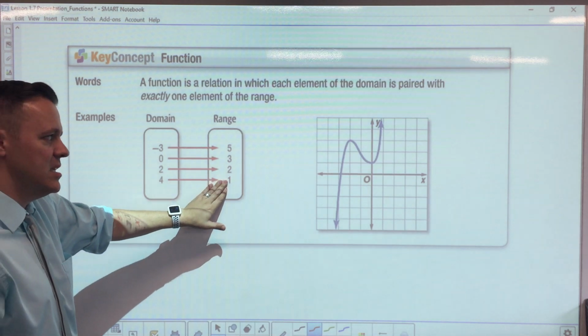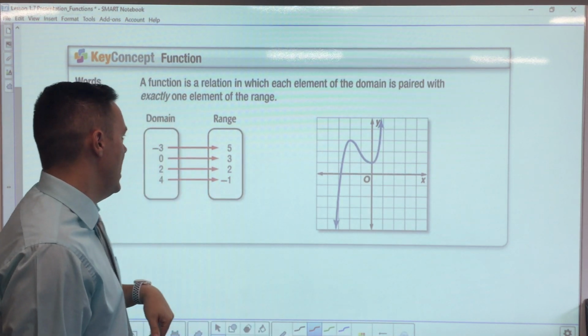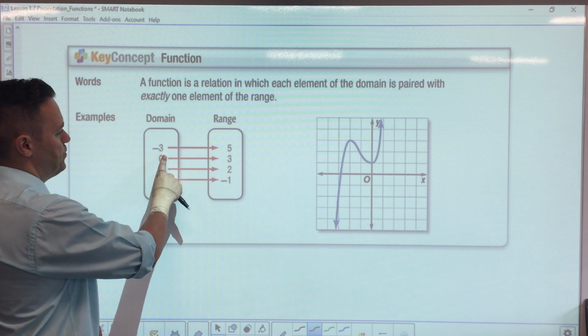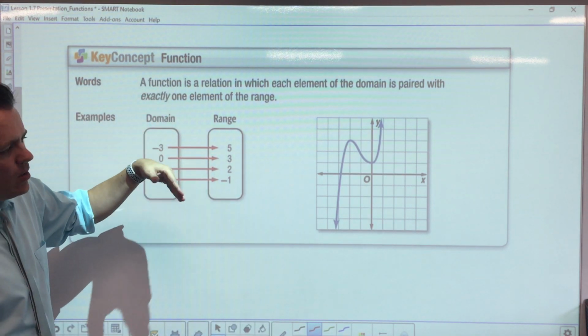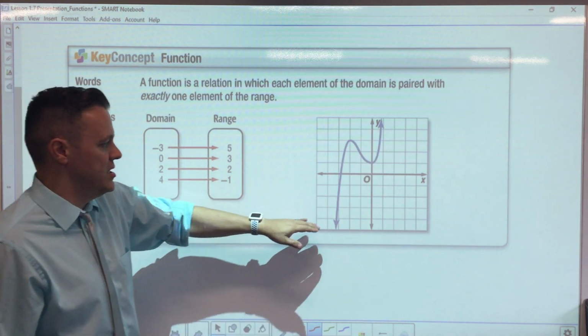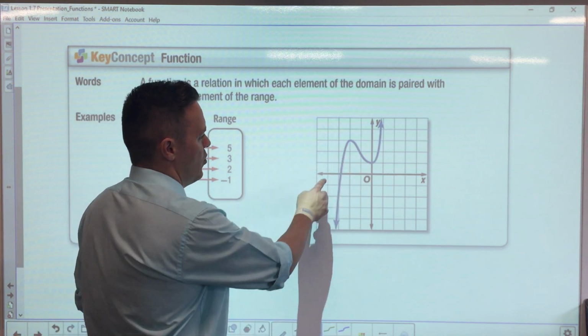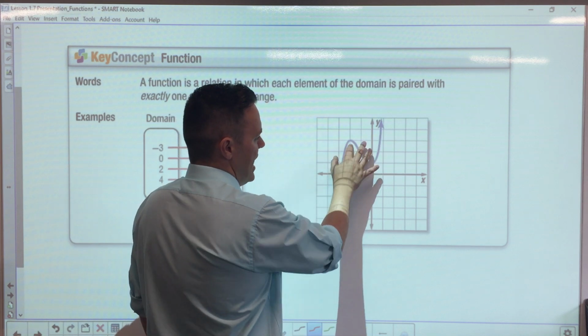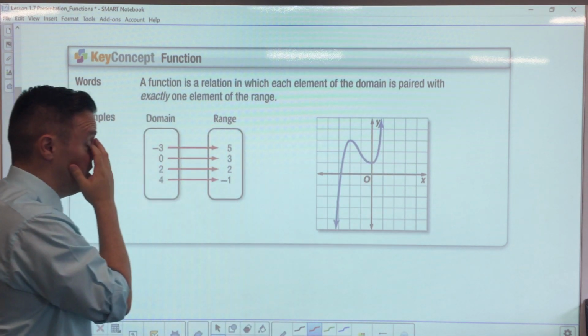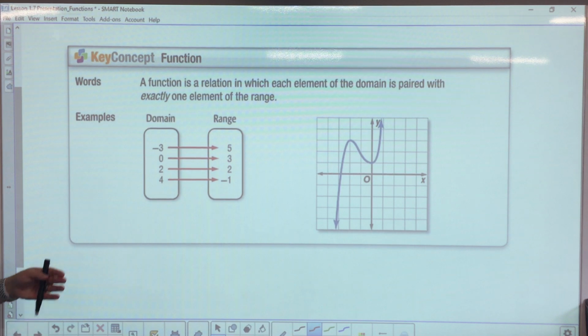Now, what that means, ladies and gentlemen, is that if you were to plot these points out, as we move along, I'll show you the difference. So what it means is that for every one value of x, you have one value of y. Okay, that is key. You can have multiple values of x to one y, but not multiple y's to one x, and I'll show you that in a little bit.